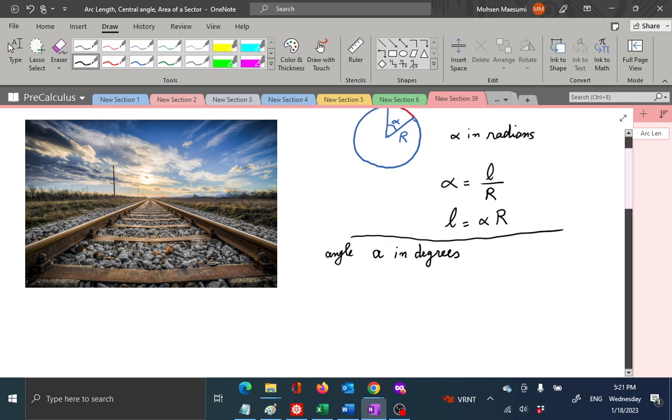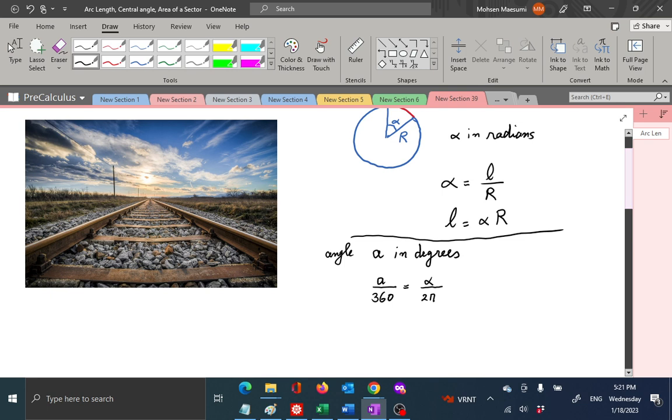You remember that an angle in degrees divided by 360 is the same as that angle in radians divided by 2 pi. Why is that? Because it's a fraction of a whole circle. This is out of 360 and that is out of 2 pi.